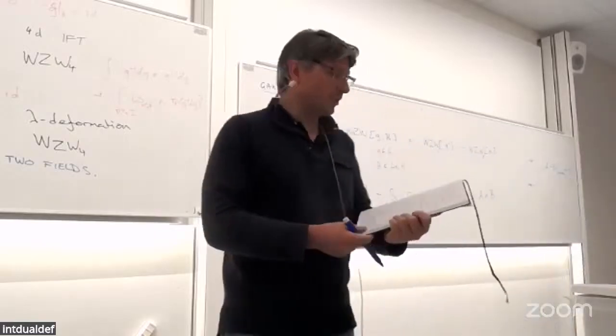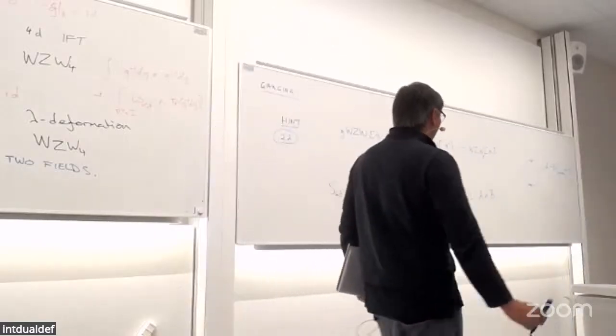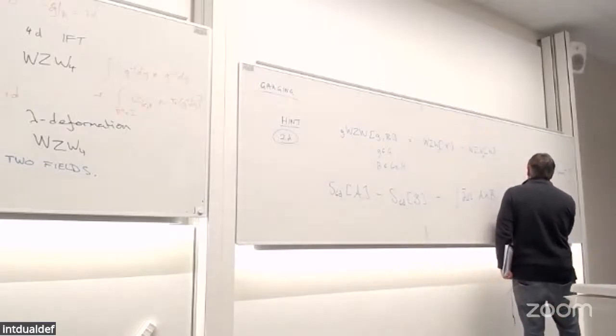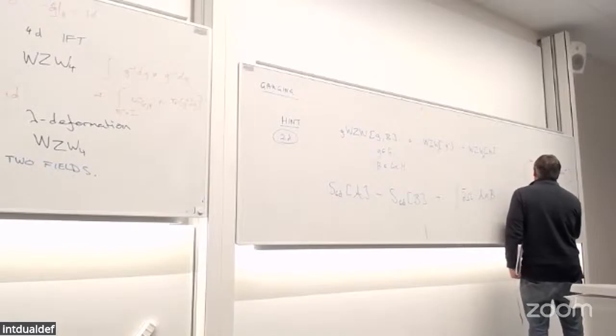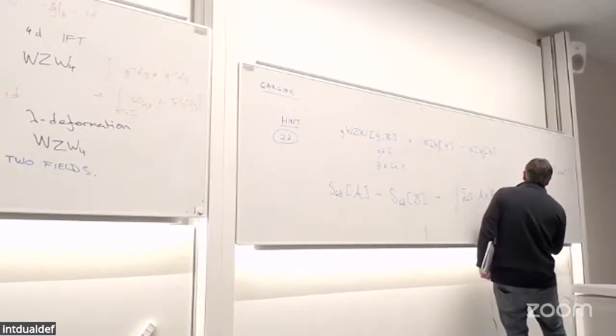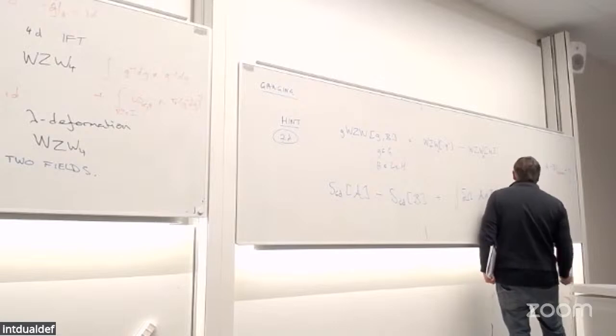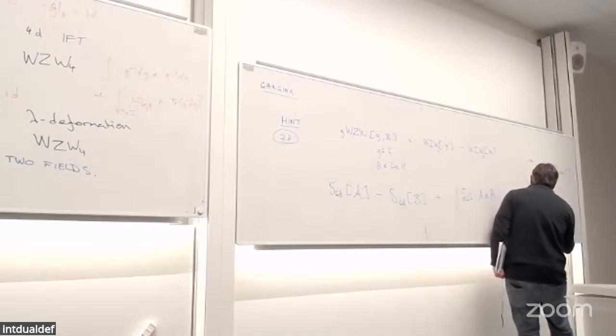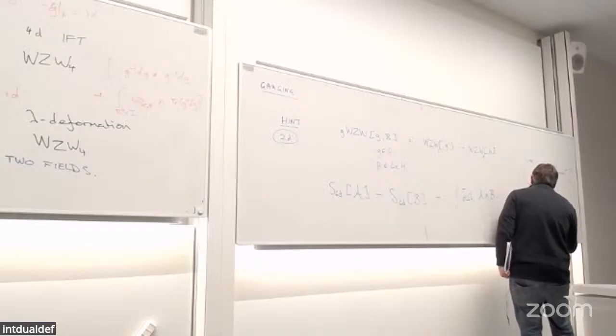But miraculously, what you find is that your 4D theory everything recombines very beautifully to give you a gauged kinetic term plus this omega times the gauged Wettermino term.